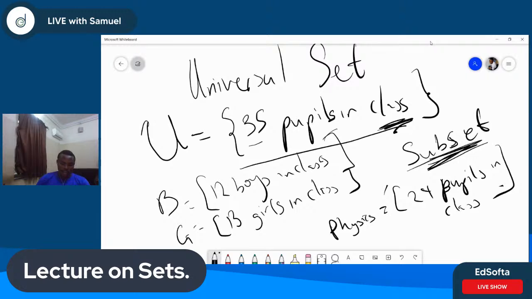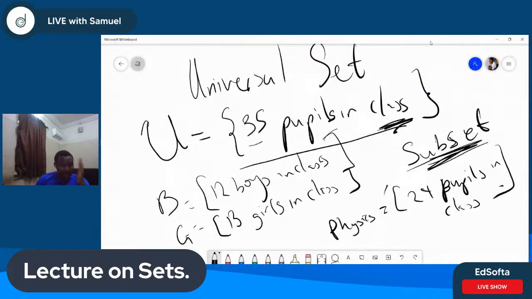A set is a subset of the universal set if all the elements inside it are also inside the universal set. So physics is a subset, because the 24 pupils doing physics are also in your universal set that contains all the pupils in that class.